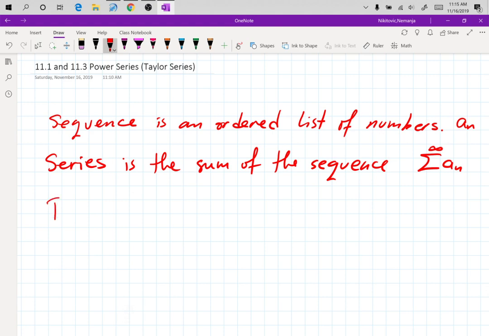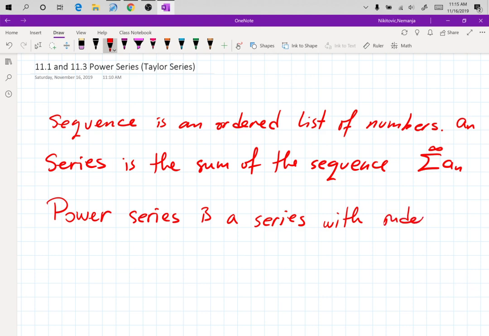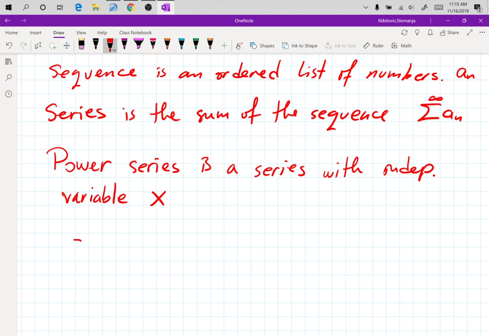So a power series is a series with independent variable x. They look like this. Summation, let's say 0 to infinity of c_n x to the n.